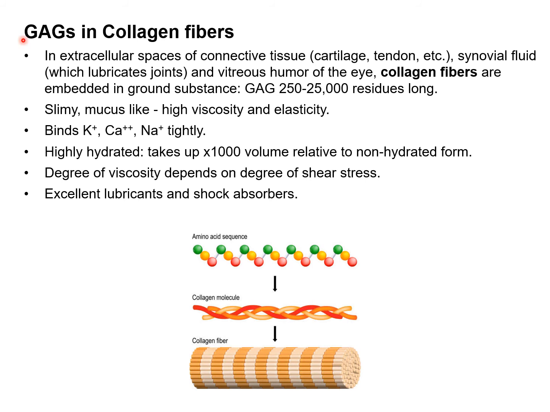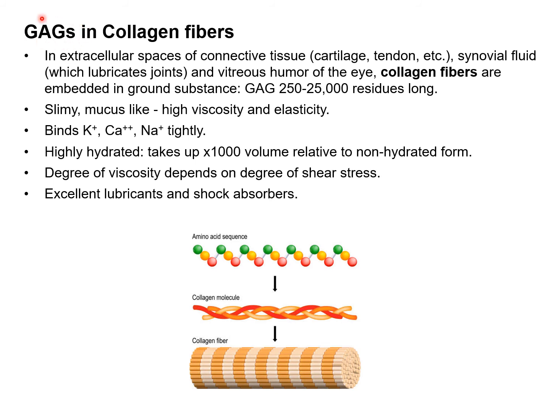And again, since these glycosaminoglycans are negatively charged because of the sulfates, they can easily bind some cations such as potassium, calcium, as well as sodium pretty tightly. And it is typically highly hydrated.